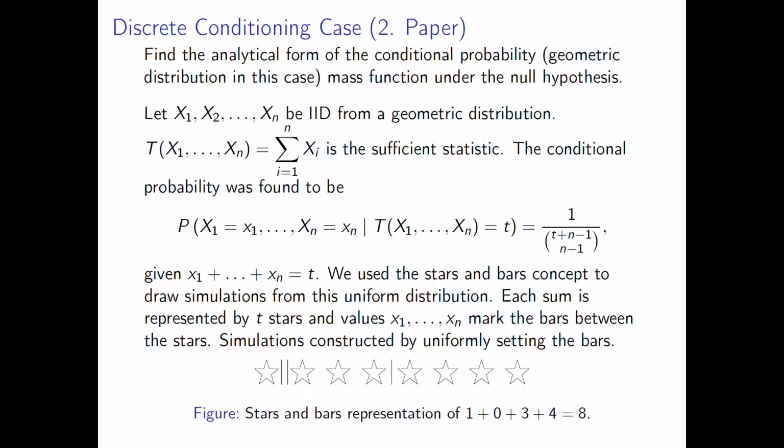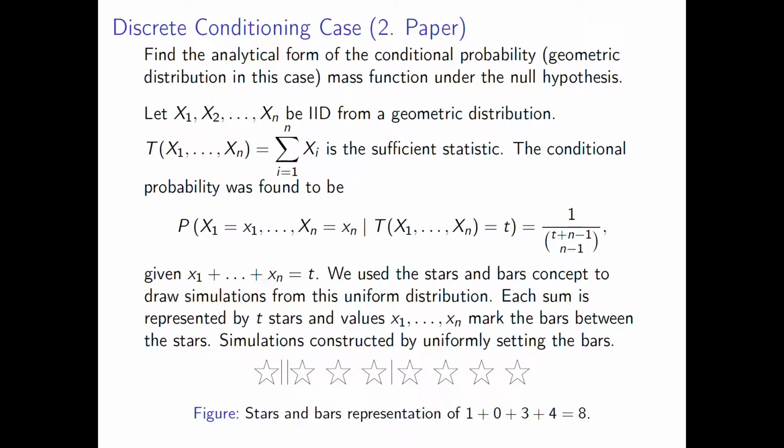We used the stars and bars concept to draw these simulations. It works such that each sum is represented by t stars, as we can see in the figure below. So we have 8 stars, and the values x1 to xn mark the bars between the stars. We put down t stars, and we put down n-1 bars, and we count how many stars are between the bars.